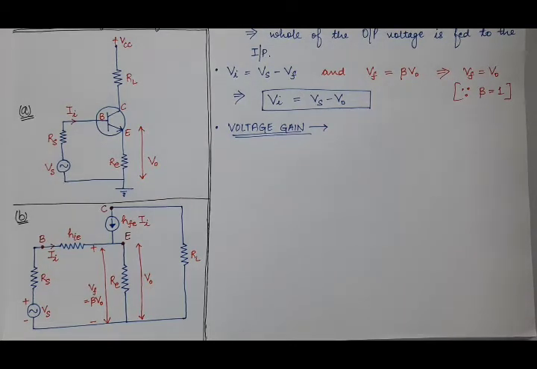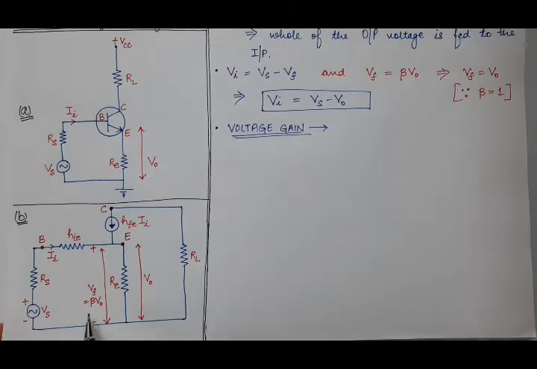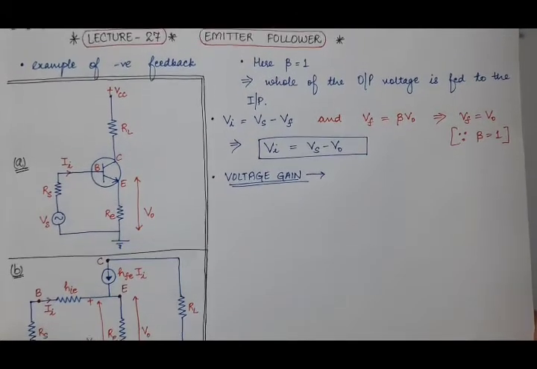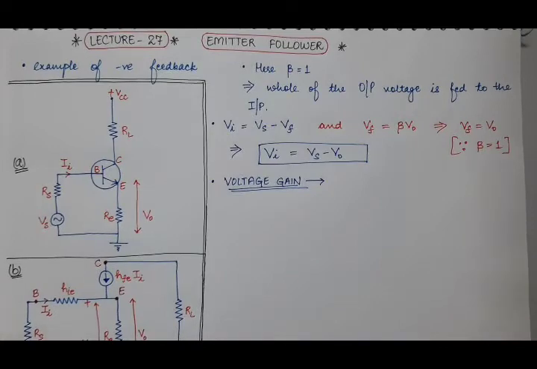First we'll discuss voltage gain, but before that, I'm going to tell you one thing about the value of the feedback factor. In the case of the emitter follower, the feedback factor beta is taken equal to 1.